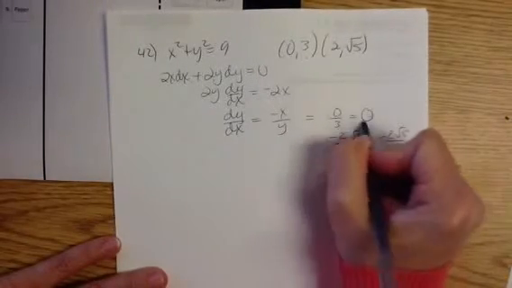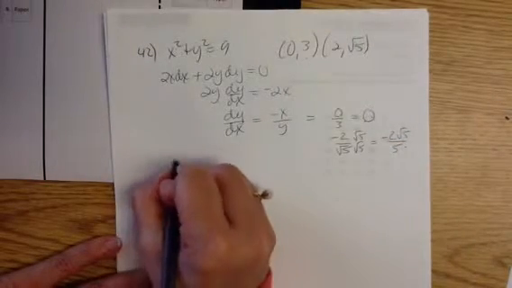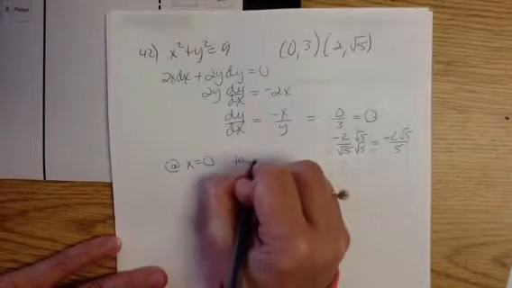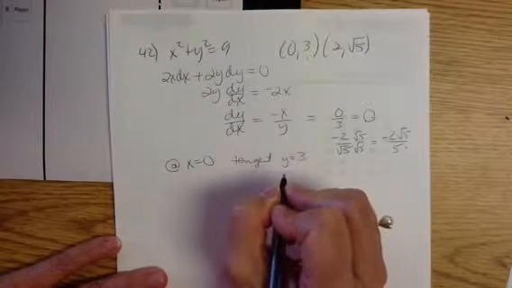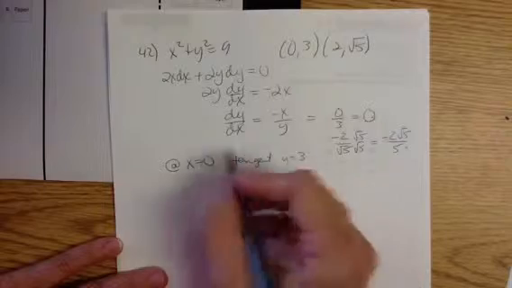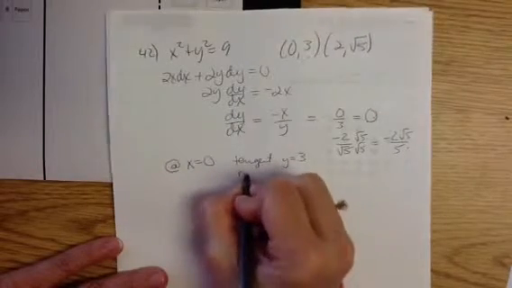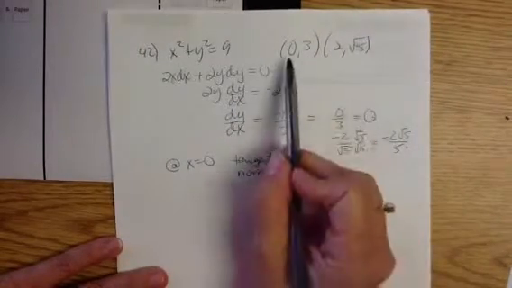Well, this is a horizontal slope, so it's going to be the equation for at x equals 0, the tangent equation is y equals 3. So there's the tangent equation. Now it is a horizontal, so the perpendicular line is a vertical line. So the normal line should be x equals 0 because it goes through that point.